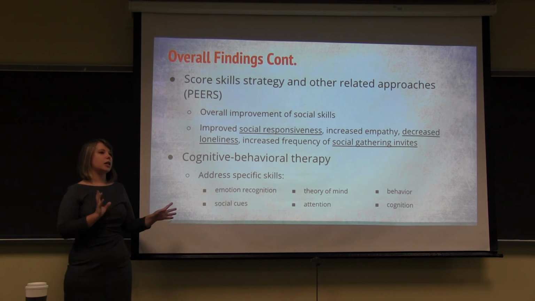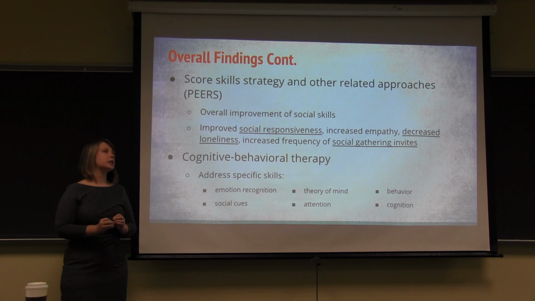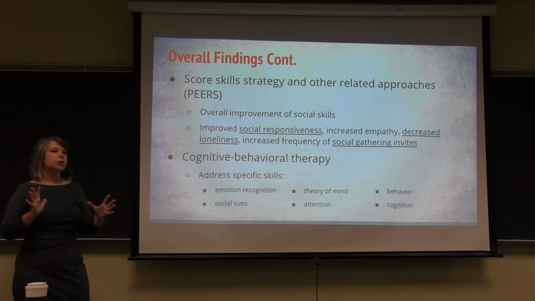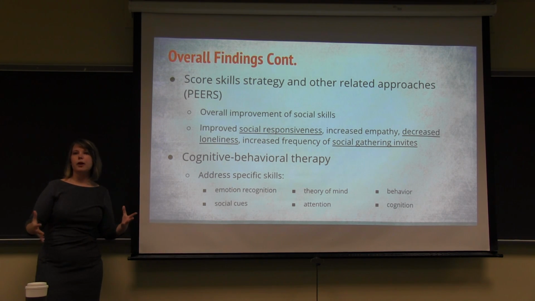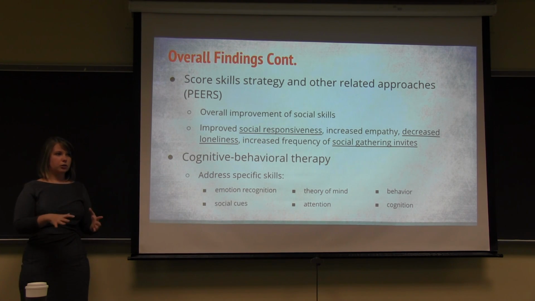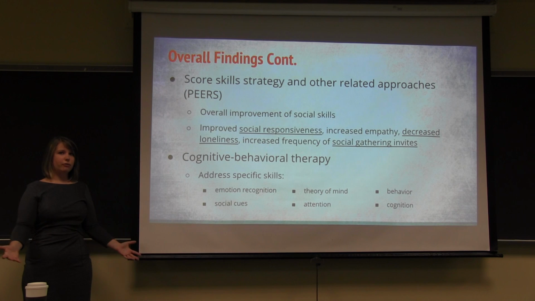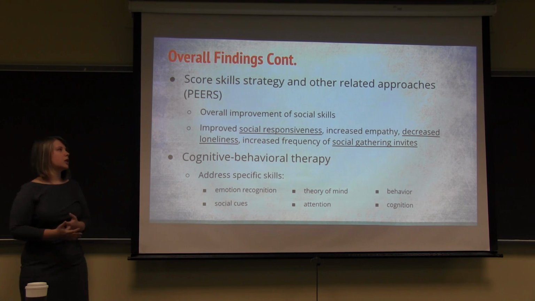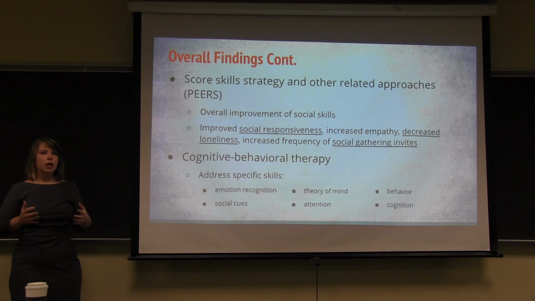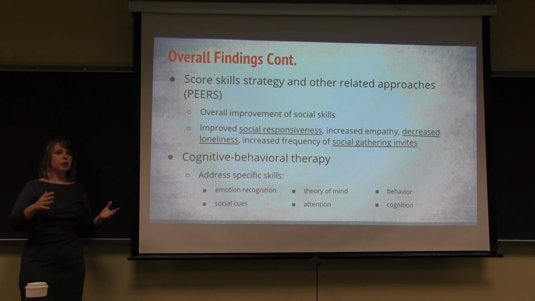So one of the studies that I looked at that was pretty high ranked, the researchers had a large group of adults with ASD, and they applied the PEERS program to their groups to see how effective it was in improving their social skills and relational skills. What they found was that in the area of social skills, there was overall improvement for each of the groups.